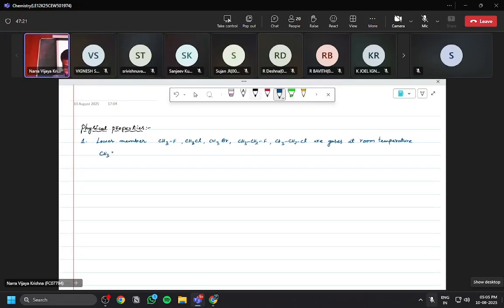Methyl iodide, iodine molecular weight is high, methyl iodide and carbon chain up to C18. Alkyl halides up to 18 membered carbons, all these are colorless, sweet smelling liquids.